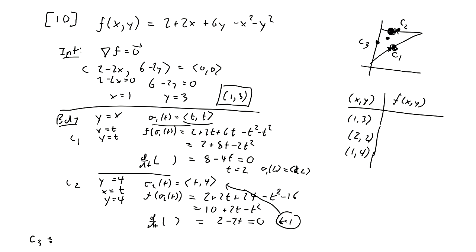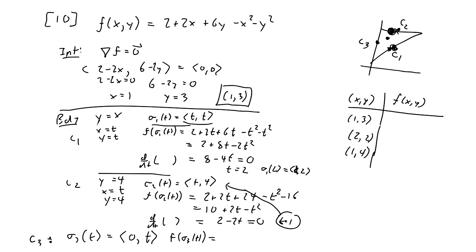For C3, let's see, that's a vertical segment and the x coordinate is 0. So let me skip directly to sigma notation. Sigma 3 of t, the x component is 0 and the y component is t. So f of sigma 3 of t, I'm going to put in 0 for x and t for y.